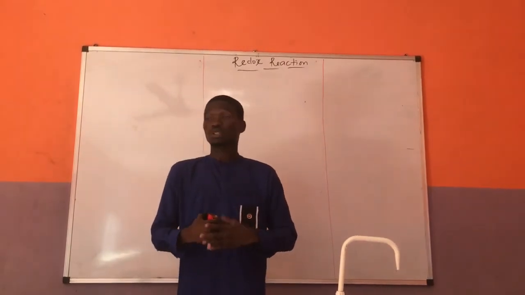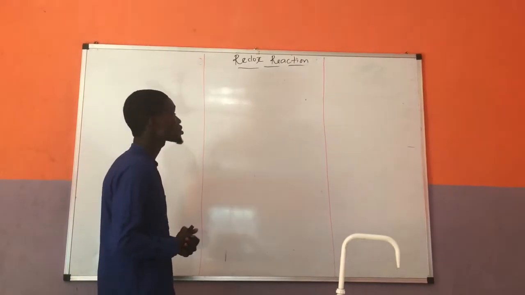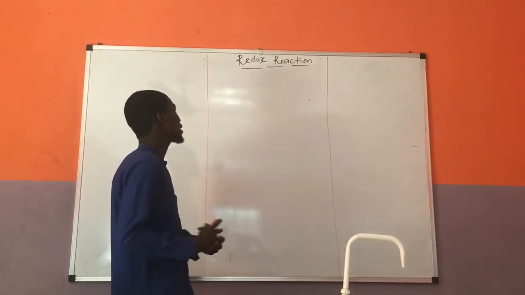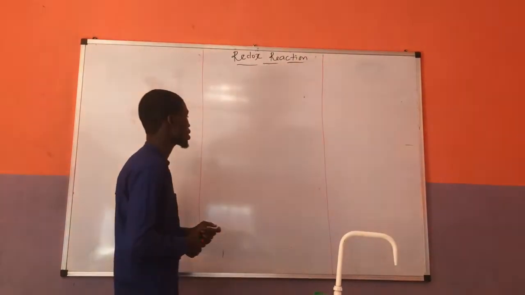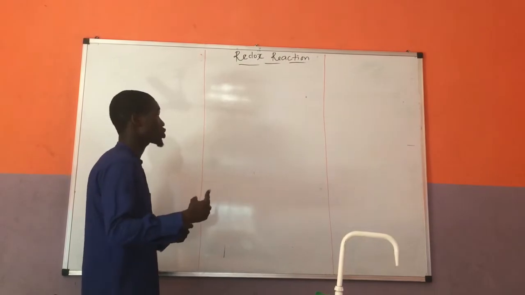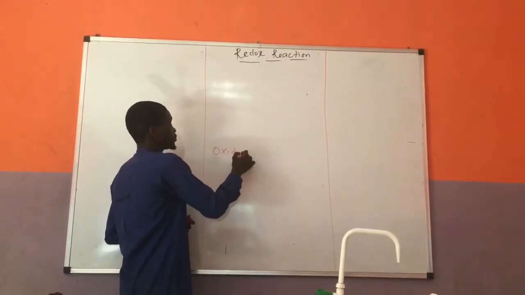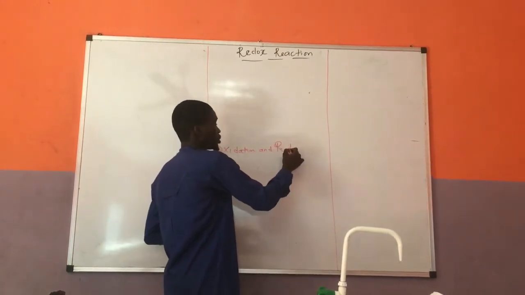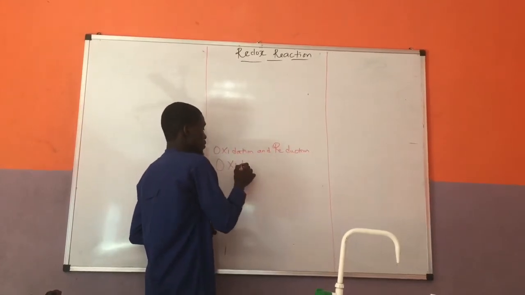So this afternoon we'll look at a good topic, which is redox reaction. And as a JAMBite, what are the things you ought to know under this redox reaction? Before this, you ought to have a full knowledge of what we call oxidation and reduction, and oxidation number.